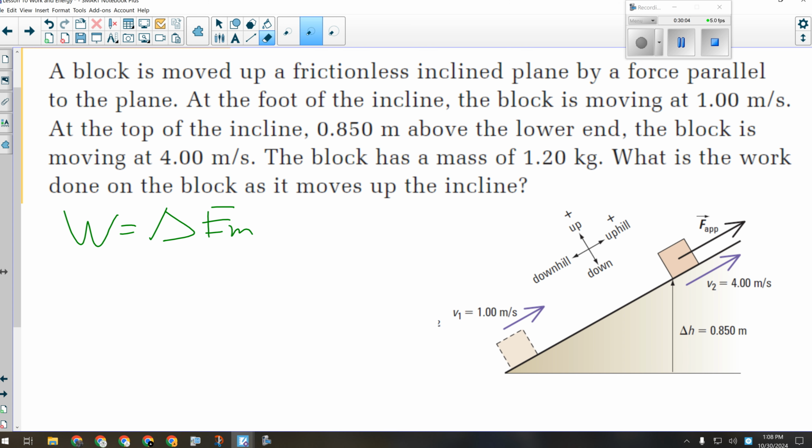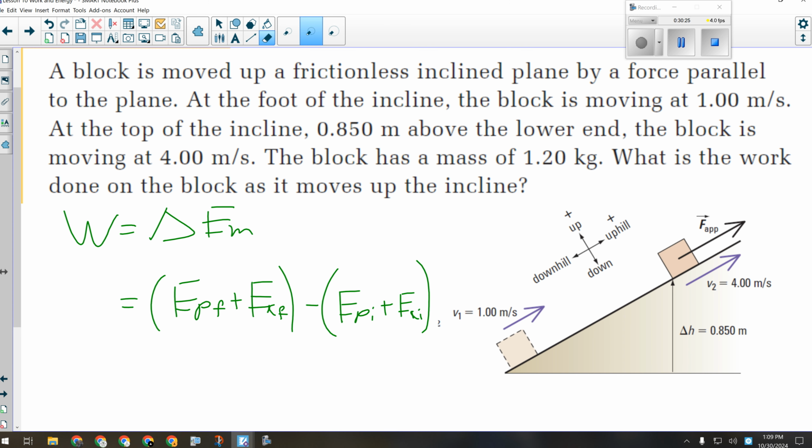But I can calculate the change in mechanical energy because I can calculate final potential, I can calculate final kinetic, and I can calculate initial potential and initial kinetic. That's going to calculate the change in mechanical energy, right?